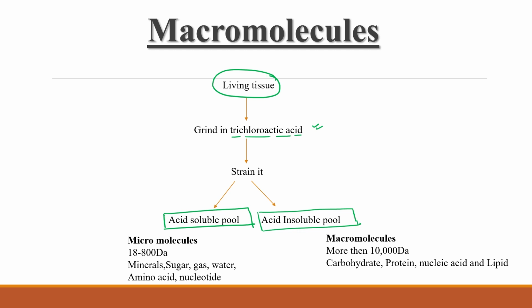Okay, so in the acid soluble pool, some molecules are able to dissolve. Those are known as micromolecules, whose molecular weight is between 18 to 800 Dalton, like minerals, sugar, gases, water, some amino acids, nucleotides.